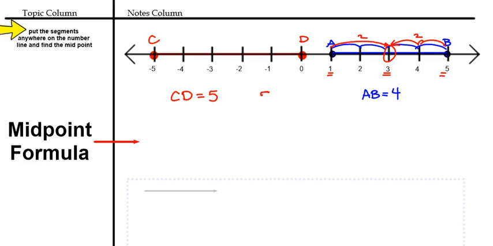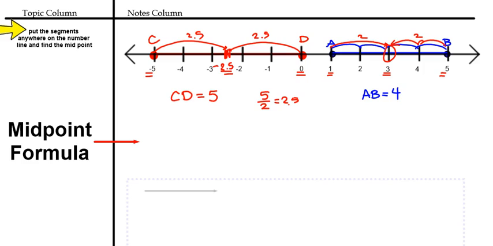Well, if I took that 5 and divided it by 2, I would get 2.5. So I know if I counted in 2.5 spaces in either direction, I would come up with a midpoint right here at -2.5. And again, the question is, how do we get from 0 to -5 to the midpoint of -2.5?